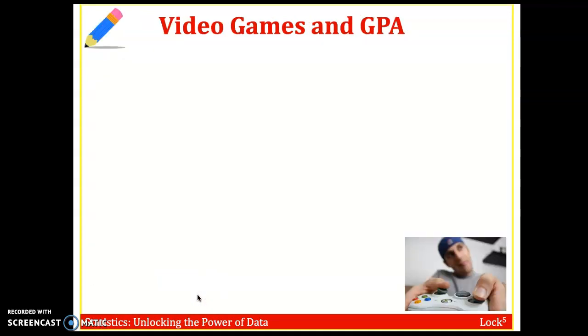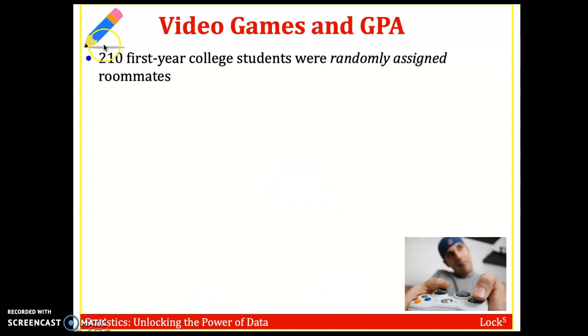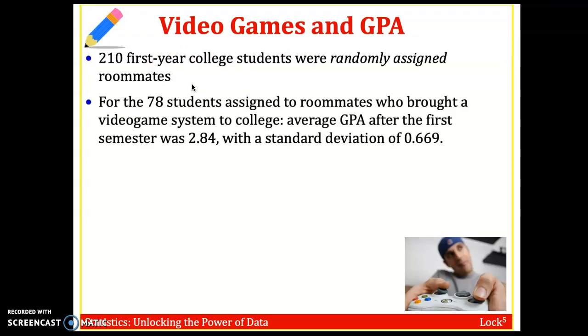All right, let's take an example. This is from, I think, a 2011-12 study of 210 first-year college students living in a dorm on campus, randomly assigned roommates, and 78 students were assigned to roommates who brought a video game system to college.